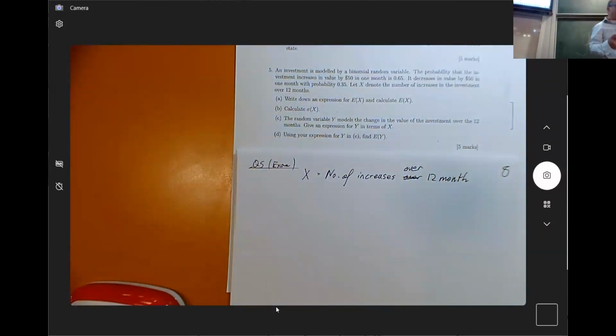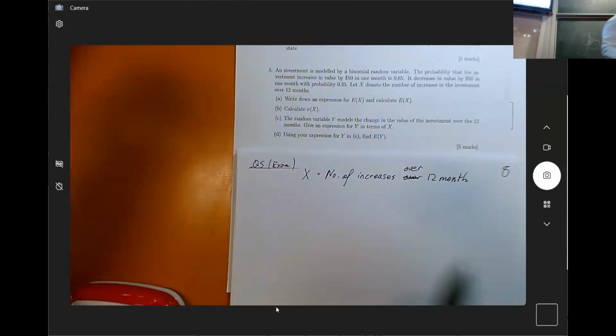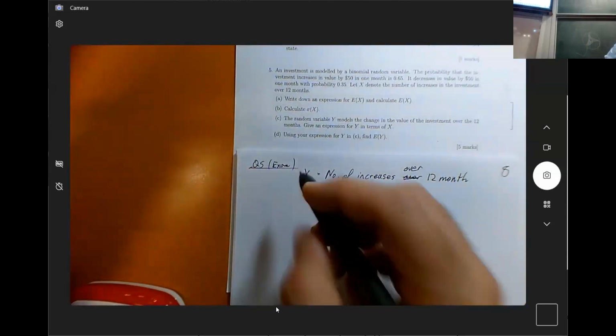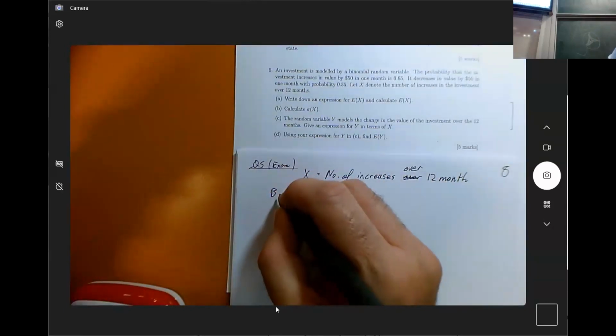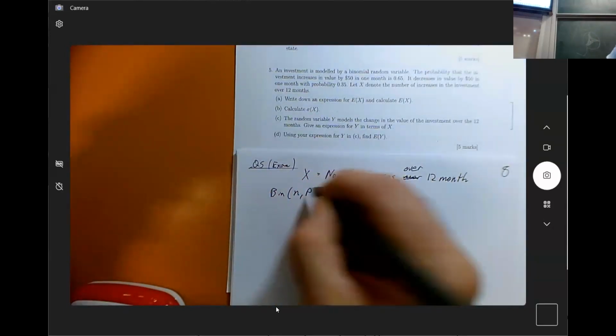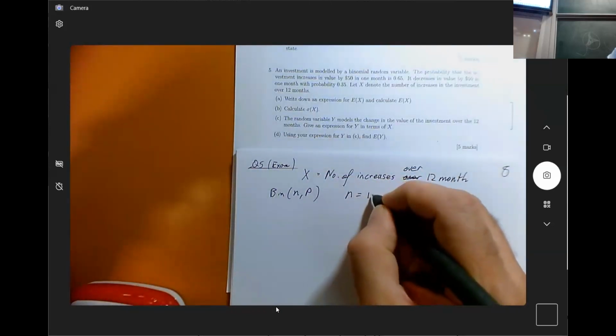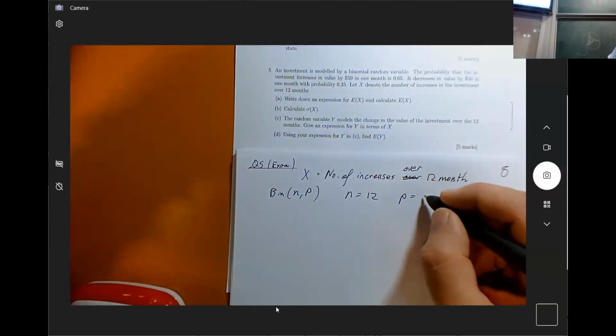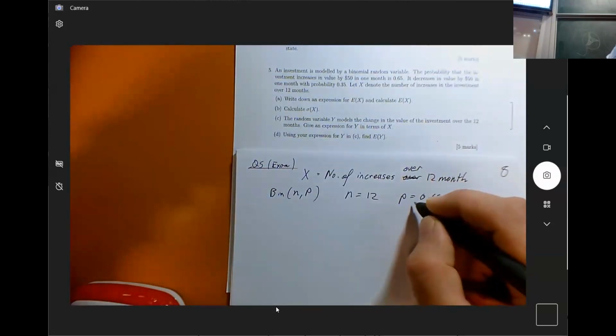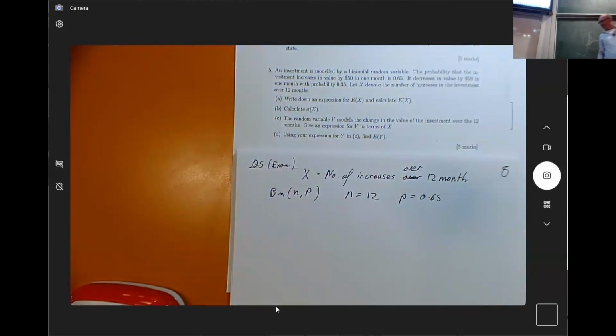Okay, so what we should be doing is, for it to be binomial, n would be equal to 12, and p is my probability of success, which we've said is 0.65.